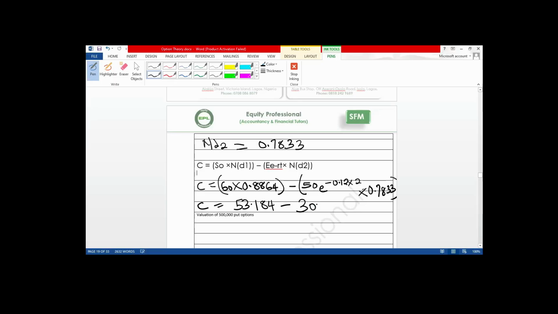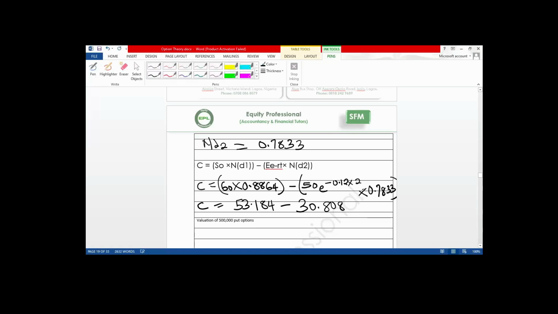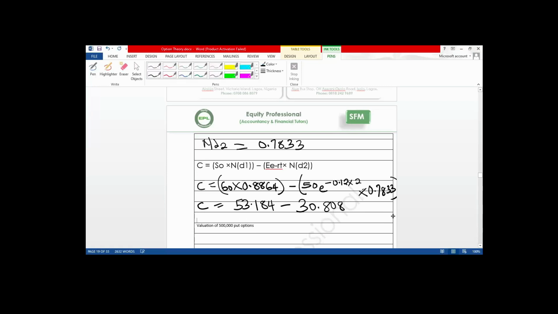We are trying to create space. Value of the call option. We are still going to need space.